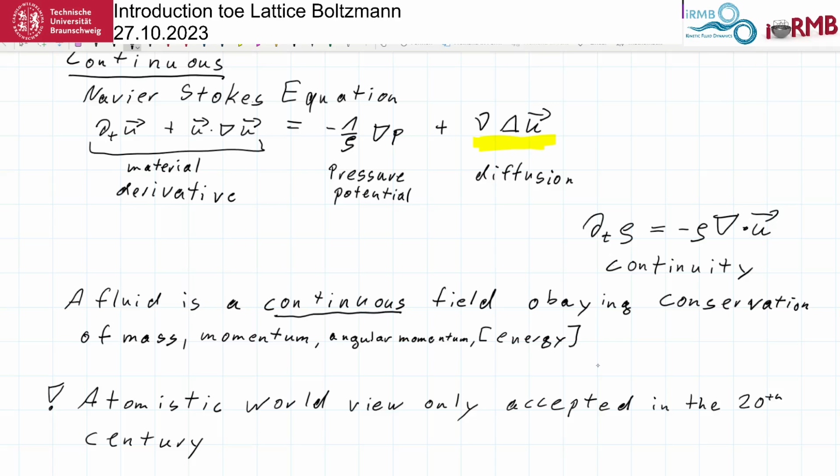Now, from hindsight, it's kind of surprising that nowadays we accept the atomistic view. Everybody of us accepts the atomistic view, and at the same time you're using partial differential equations, right?